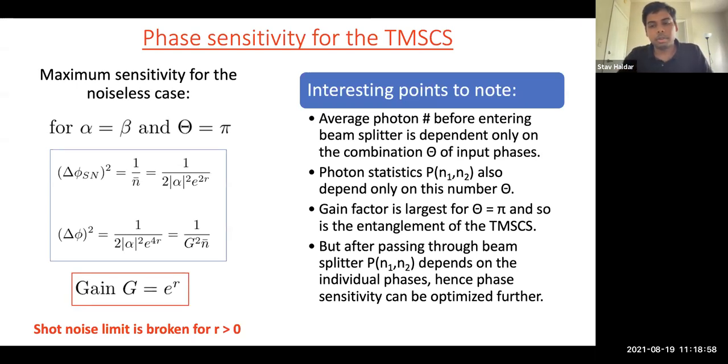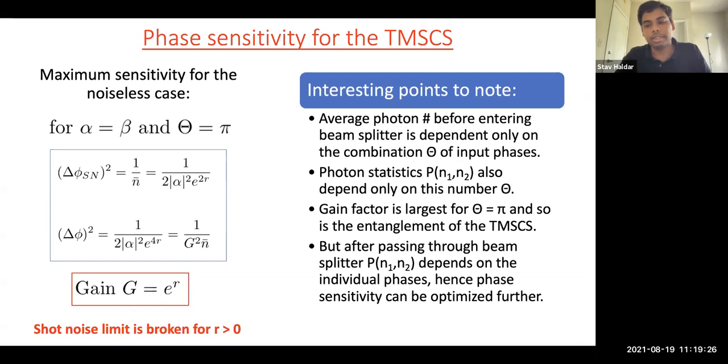But if you see the photon number statistics just after one beam splitter, you realize that the number is a linear combination of all the angular momentum modes, and therefore it is not dependent only on theta. Because of the superposition, the dependence on the individual angles theta 1, theta 2, and phi also appears.